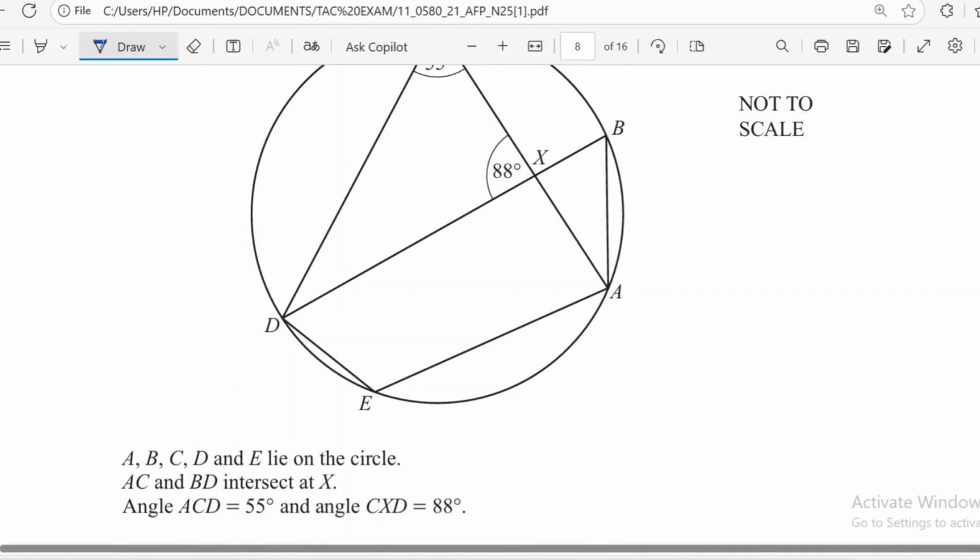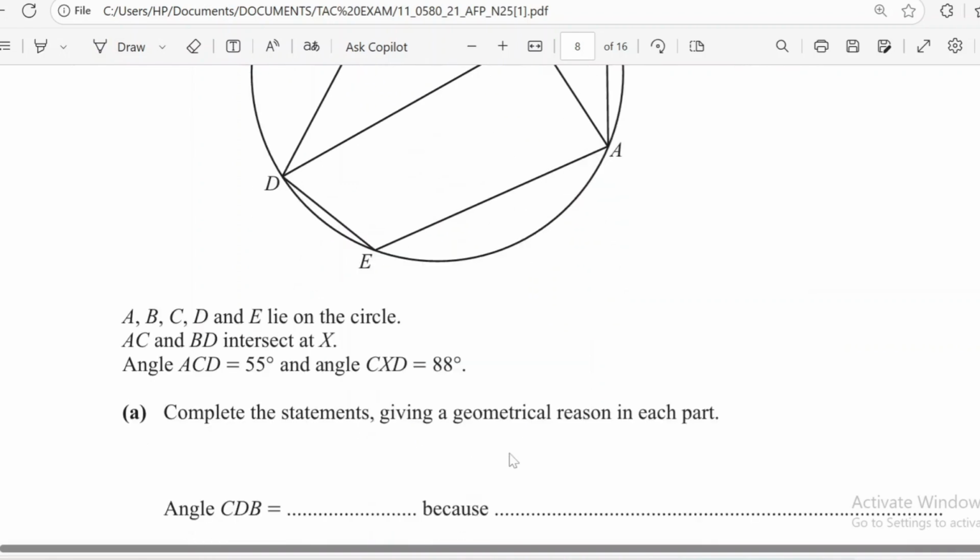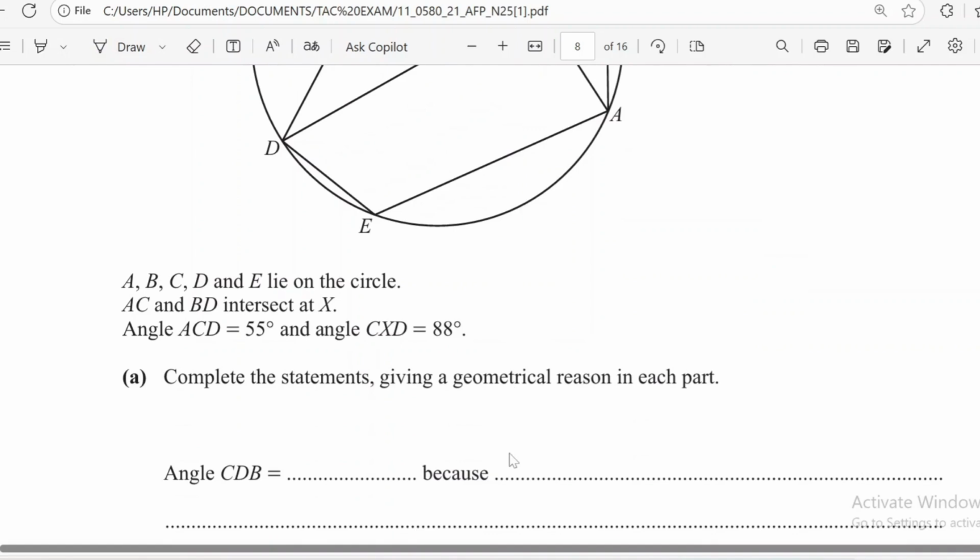AC and BD intersect at S, that is line AC and line BD intersect at S. Angle ACD equals 55 degrees and angle CSD equals 88 degrees. We are required to complete the statement giving a geometrical reason in each part. The first part is angle CDB equals dash.